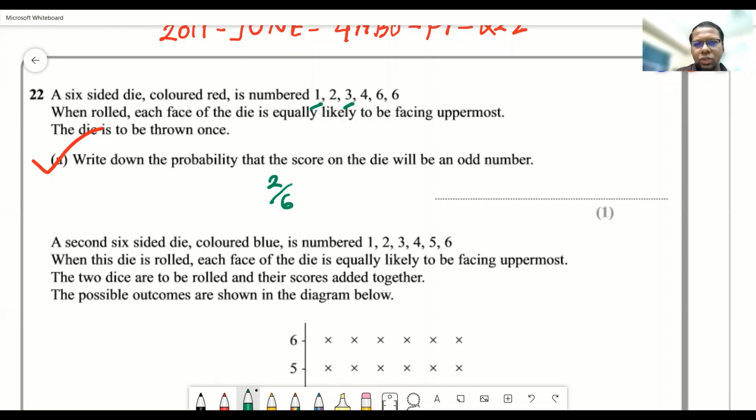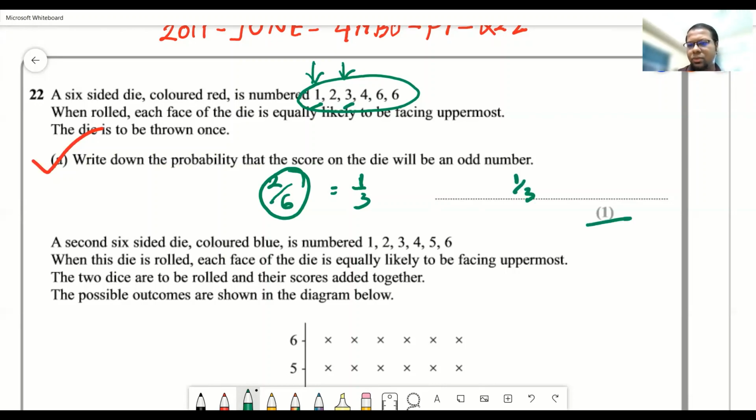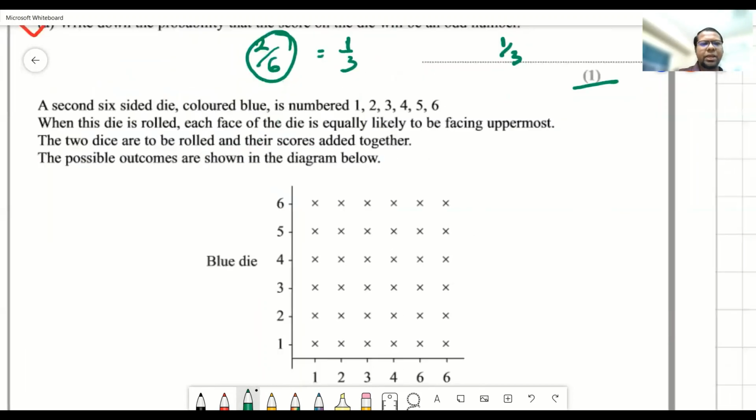Why? Because a total of 6 numbers are there. And how many odd numbers are there? 2, 1 and 3. So the probability of getting an odd number will be 2 by 6 or 1 by 3. So the final answer is 1 by 3. It's not a very great task, so that's why the mark is only 1. Okay, so let's move on to the next question.